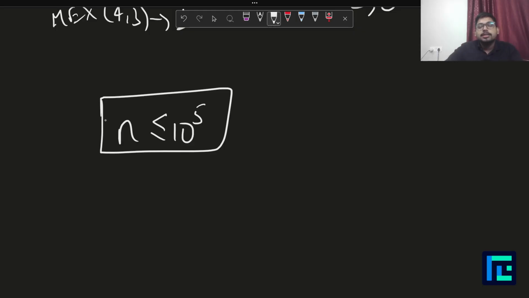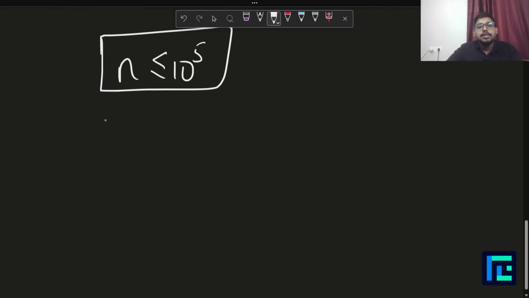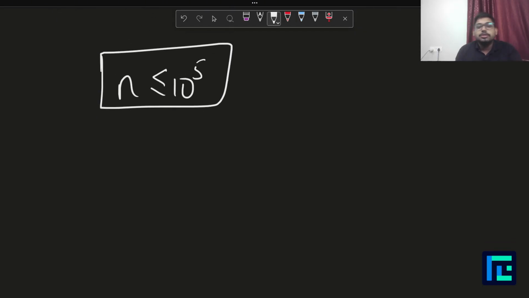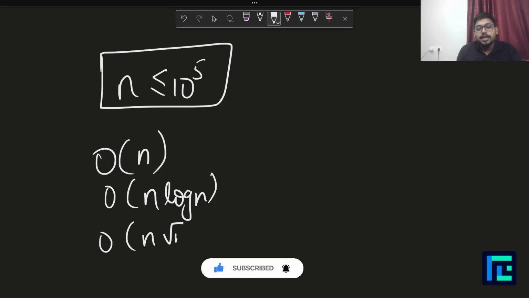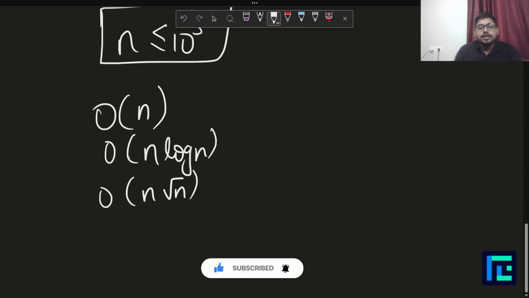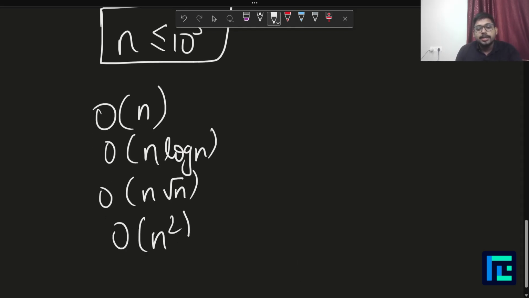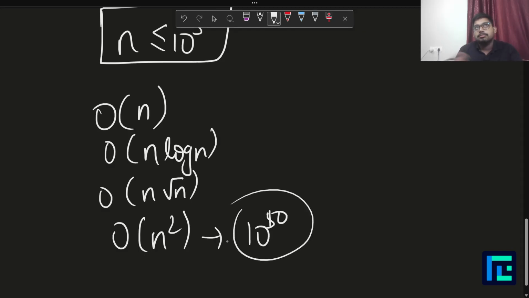Looking at the constraint, what we can conclude is our solution should have a time complexity of probably order of n, that would be all right. Order of n log n would also be all right. We can even go up to n root n. But if we go to something like n square, that would be a total of 10 to the power 10 operations, which would exceed our time limit, because in 1 second we can have only 10 to the power 8 operations.